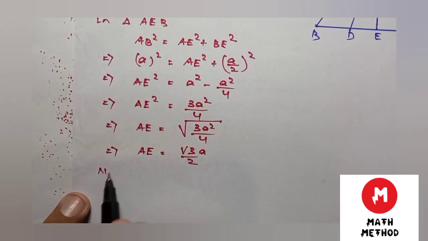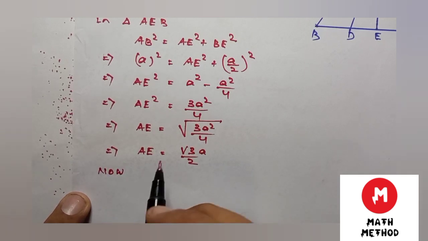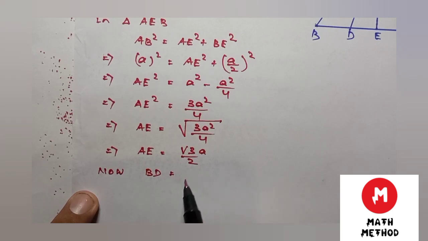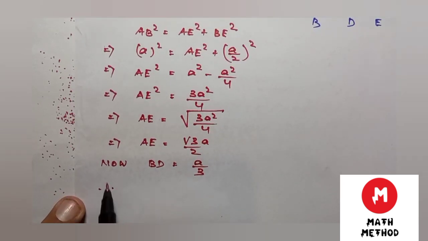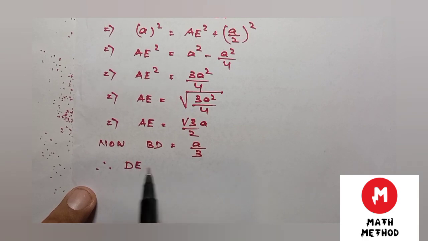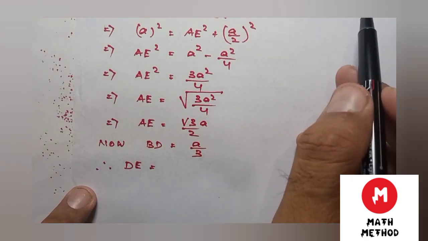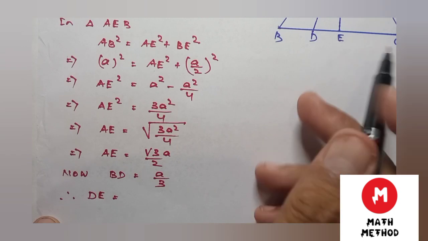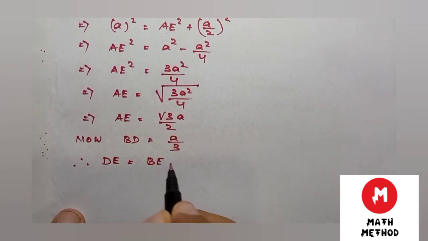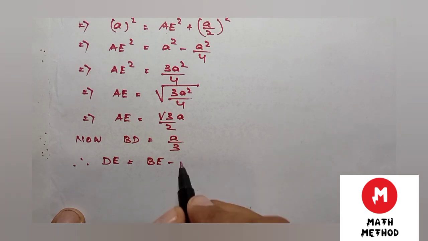Now here, given that BD is equal to 1/3 of this side, this will become a by 3. Now therefore we will find DE. This is our DE. DE will be BE minus BD.